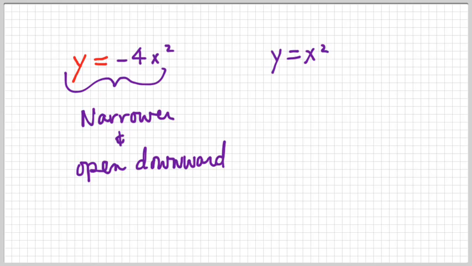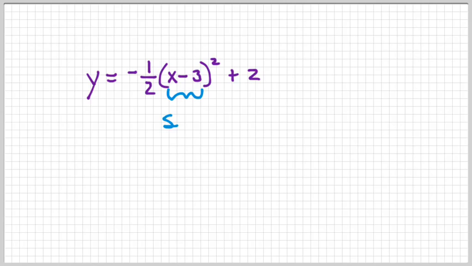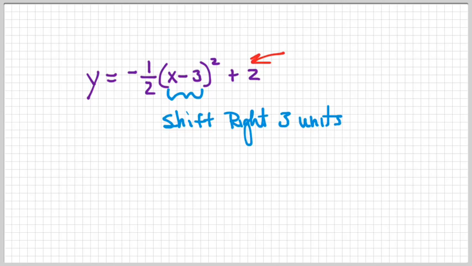We can make it really complicated. Let's look at a really complicated one. Y equals negative 1/2 (x minus 3) squared plus 2. Okay, let's break this down a little bit. This will shift it right 3 units. The 2 will shift it up 2 units.